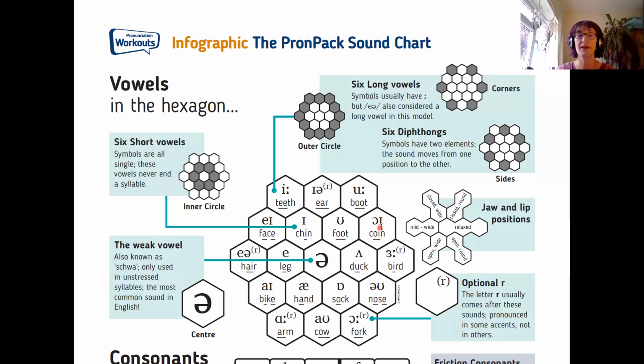So it's eh, oh, eh, oi, oi. Here, u, oh, oh. And with all these diphthongs, you should be able to see the mouth changing shape.